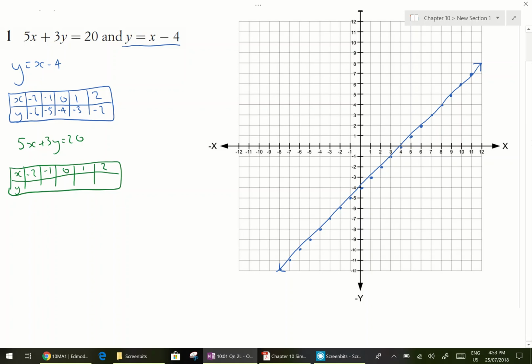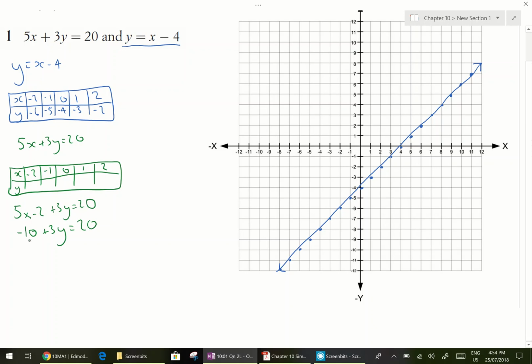What I'll do here is put in -2 for x. So we have 5 times -2 plus 3y equals 20. 5 times -2 is -10, plus 3y equals 20. Now, I need to get y as the subject, so here's where a bit of algebra will come in.